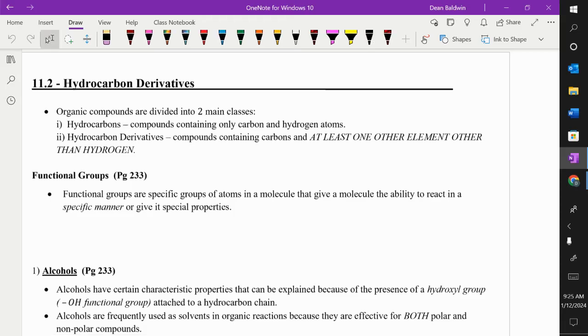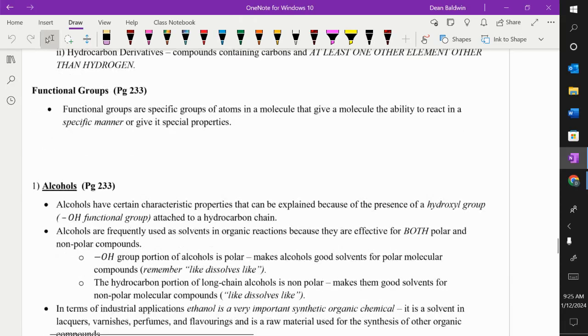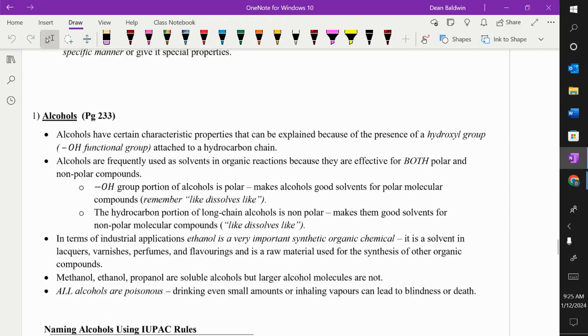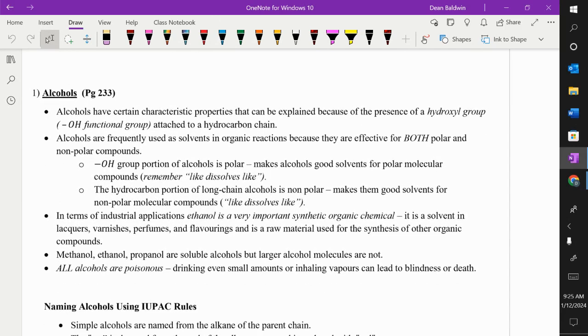So there are a lot of other functional groups. This is page 15 in your notes. First one are alcohols. Okay, alcohols. So when I write R, it's just going to be a hydrocarbon.